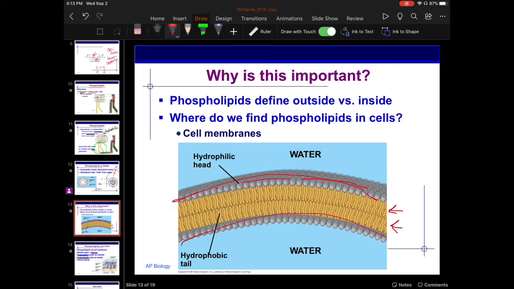And so every single one of your cells is surrounded by what we call the phospholipid bilayer. Okay, it helps define what's inside and outside of the cell. So these are surrounding every single cell. It is the membrane of the cell.